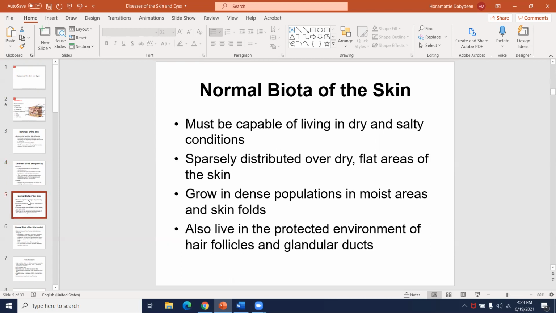Another part of our defense is really our normal flora. Now, these are organisms that must adapt to living in dry and salty conditions. They are sparsely distributed over the flat surface of the skin, but they grow a lot in moist areas and in skin folds.